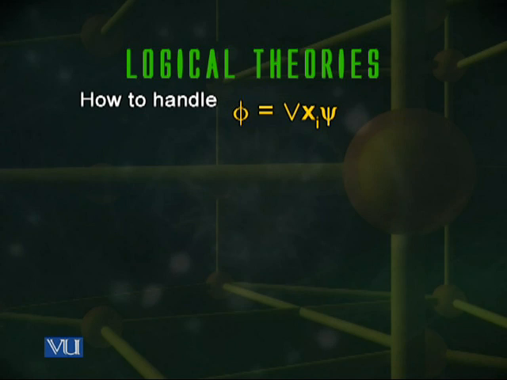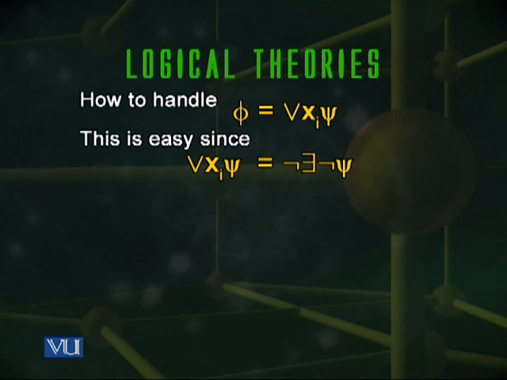What we can do is convert this formula for all xi psi into a new formula, which is not of there exists xi not of psi. Using De Morgan's laws, which you must have studied, we know that these two formulas are equivalent.